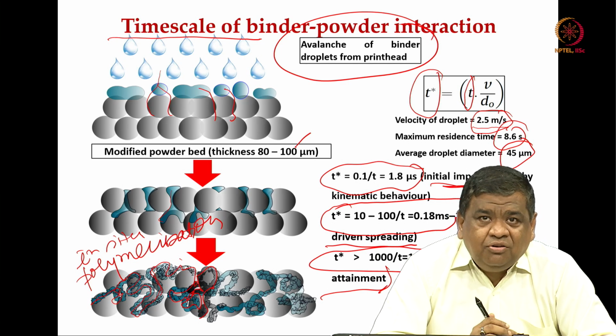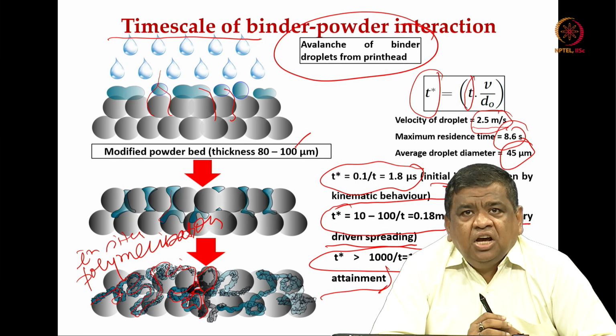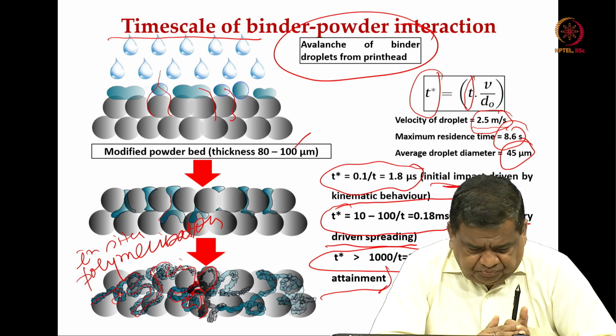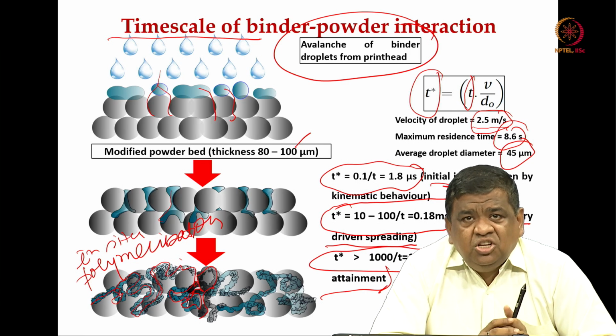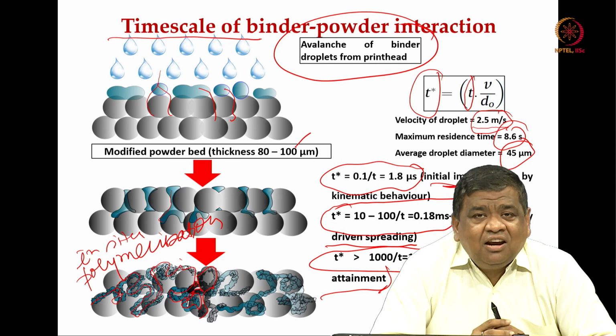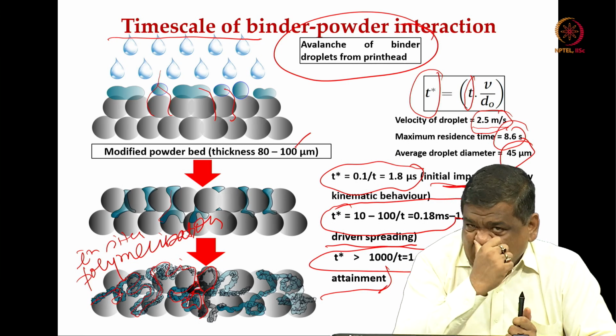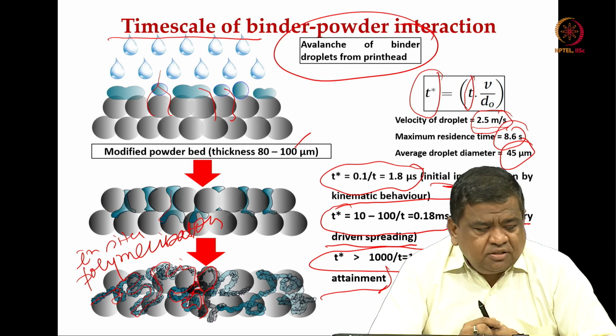What I am trying to show you is that during this in situ polymerization, we wanted to know, when this APS initiator interacts with the accelerator in the monomeric solution and triggers the acrylamide addition polymerization, what is the time scale over which this polymerization takes place.